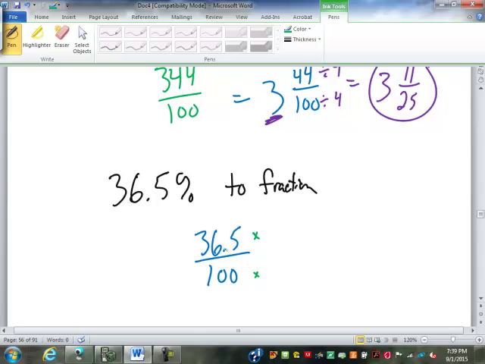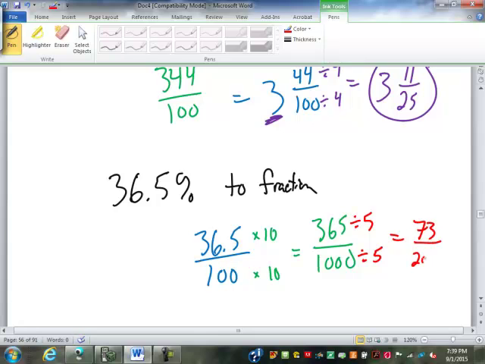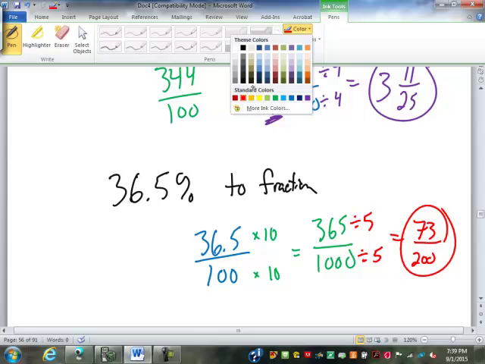So you have to times by 10. Perfect. There's one decimal place, so we're going to multiply by 10. So this is now 365 over 1,000. That can be reduced by, say, 5. There we go. So that becomes 73 over 200. That's as far as we can take it.